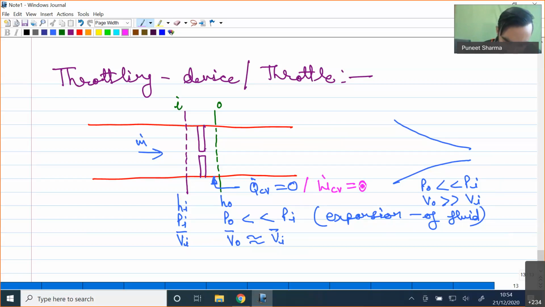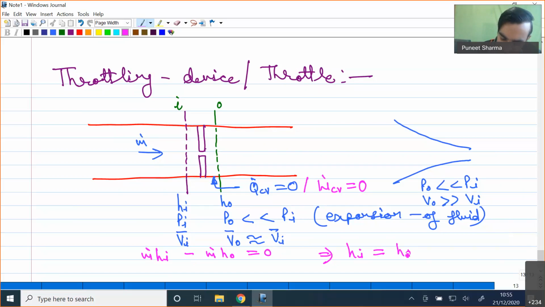If these conditions are applicable and I apply the steady flow energy equation, as Vo and Vi are almost nearly equal, we will not have any change of kinetic energy, and the potential energy change is also the same. So the change of kinetic energy and potential energy will be negligible. I will have m dot into HI minus m dot into HO equal to 0. Finally, I can say that HI is equal to HO.